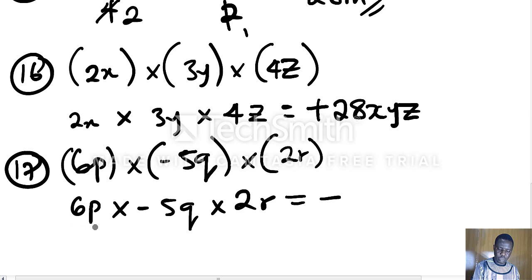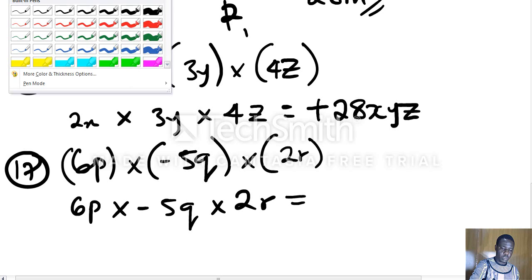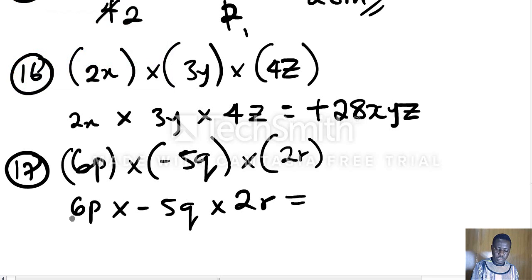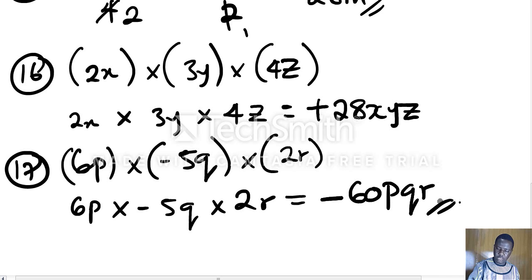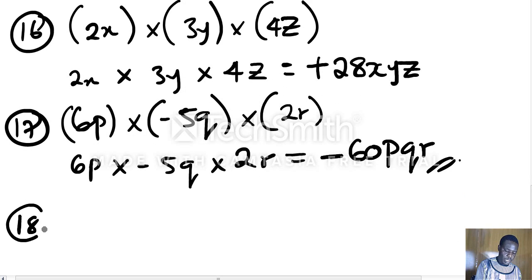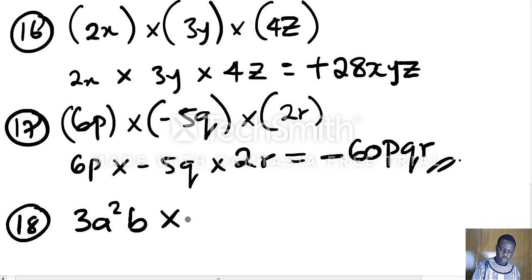So this is going to give us minus 6 times 5 is 30, 30 times 2 is 60. p times q times r is going to give us pqr as our answer.